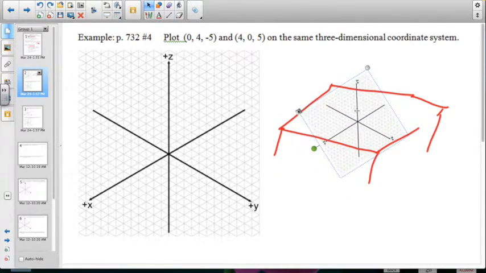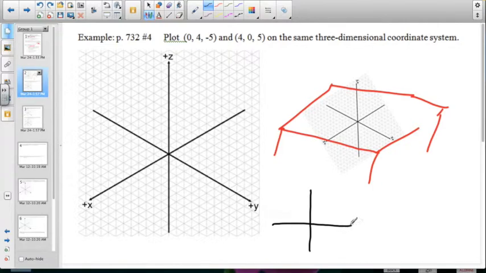So there's your x-axis, there's your y-axis, and your z-axis would be coming straight out towards you. Here's the positive x, here's the positive y, and here's the positive z. This positive x and positive y make the first quadrant. It would be like if you had your tabletop here and this was your positive x, and this is your positive y, and then your z would be coming straight out towards you, straight out of the screen, so to speak.